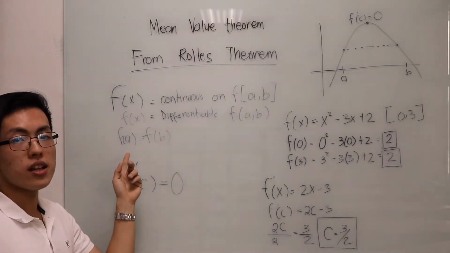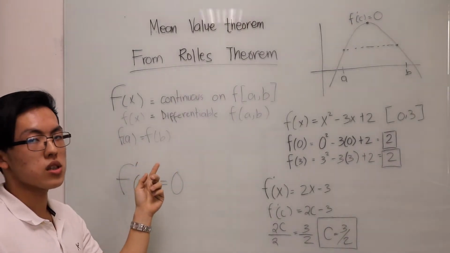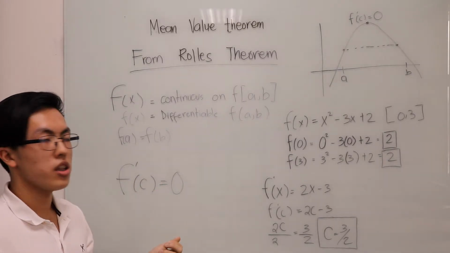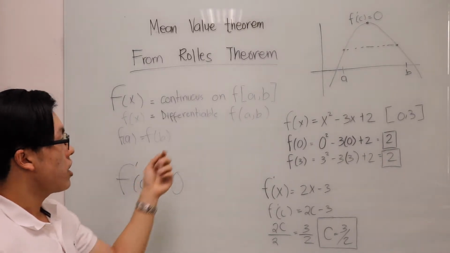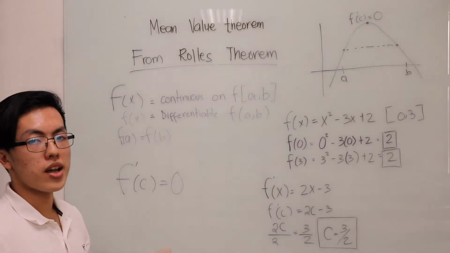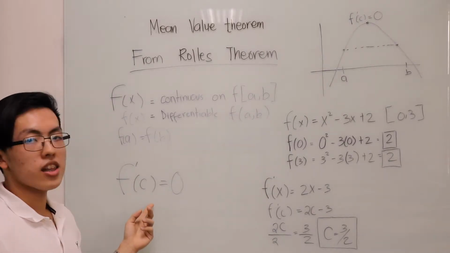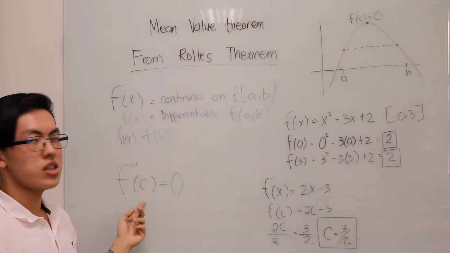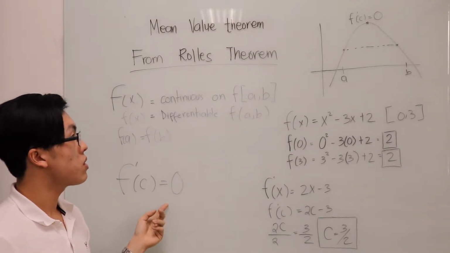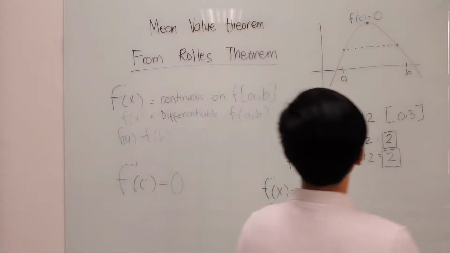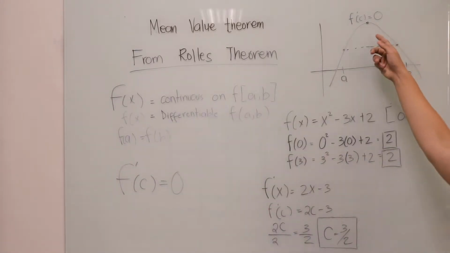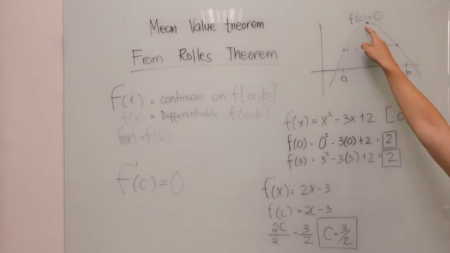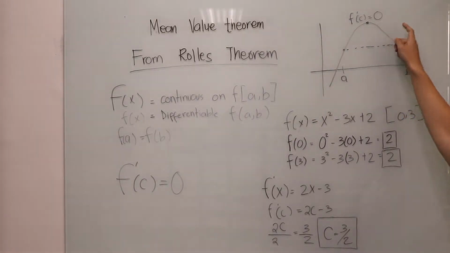So f of a and f of b should be equal, and it should be continuous. If these three conditions are met, you can get a number c where f prime of c is equal to 0. So here is an example of f prime of c, where the slope of the tangent line is equal to 0.